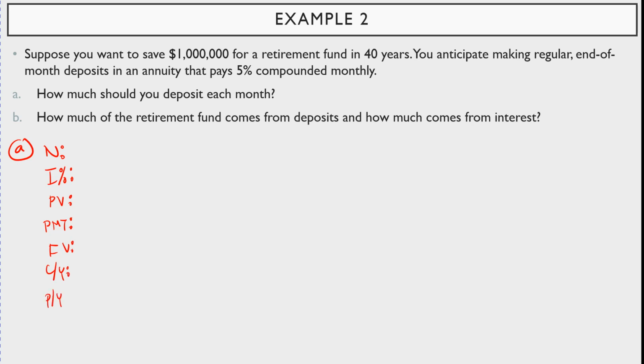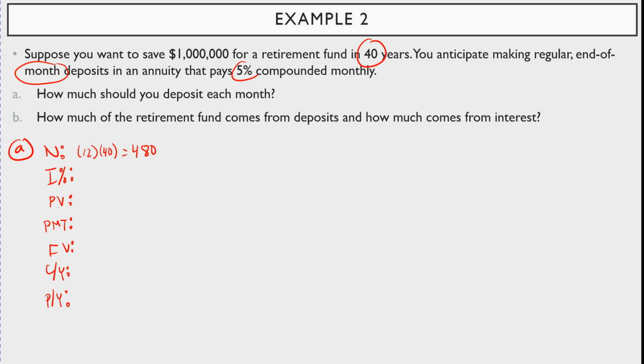All right, so N, what's the total number of payments you're going to make? Well, 40 years, and you're going to do regular end of month deposits. So 12 monthly deposits for 40 years. That gets me 480 total payments.